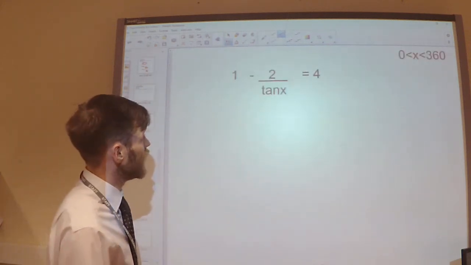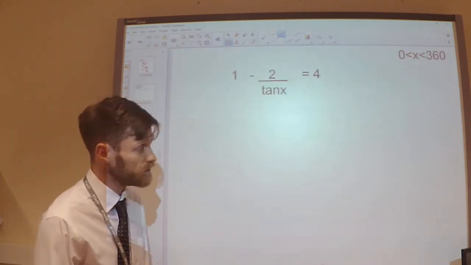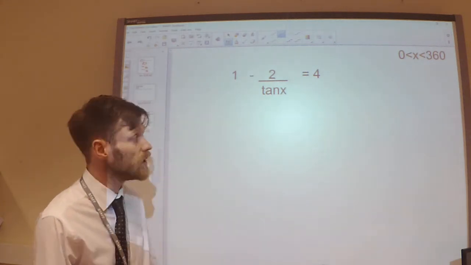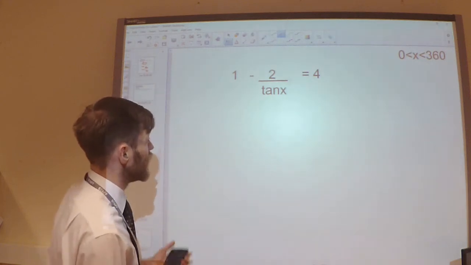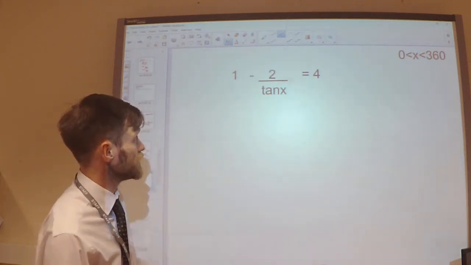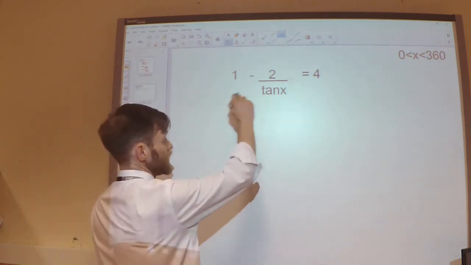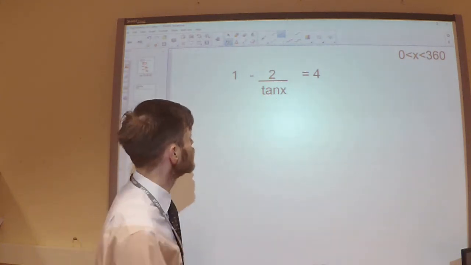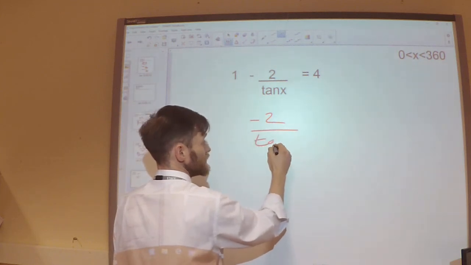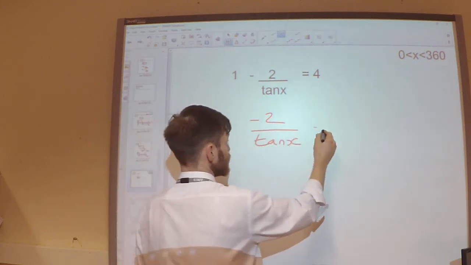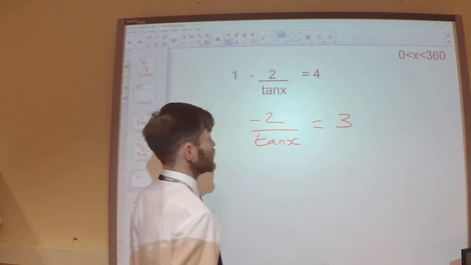Next example, this same idea. This is just going to involve a little bit more rearranging. So first thing I'm going to do is take the 1 away from both sides. So I will have minus 2 over tan x is equal to 3.